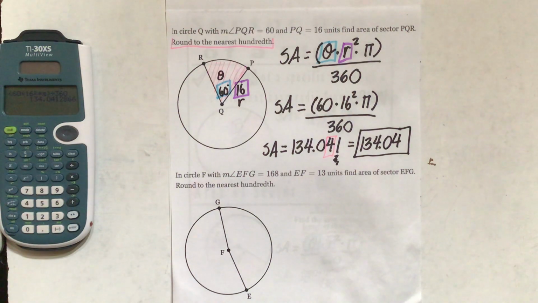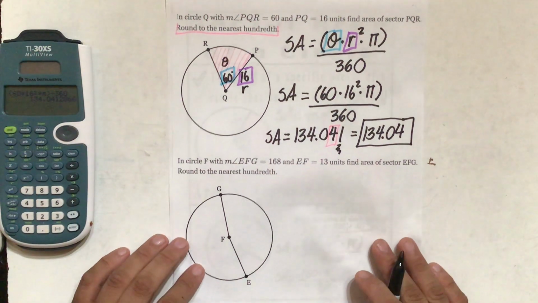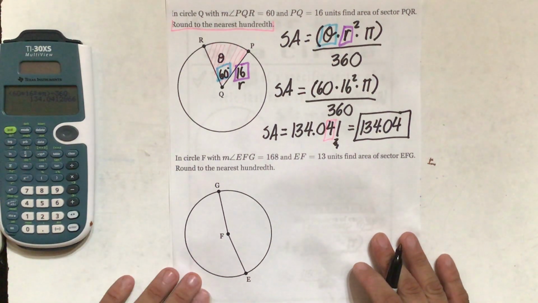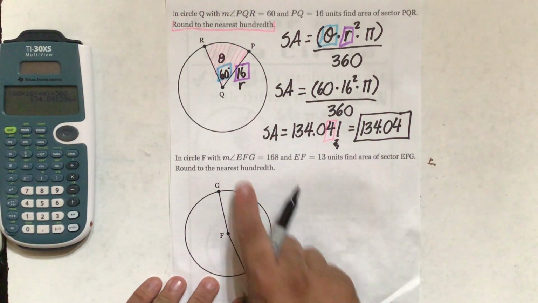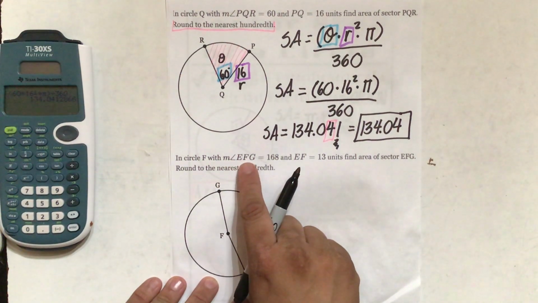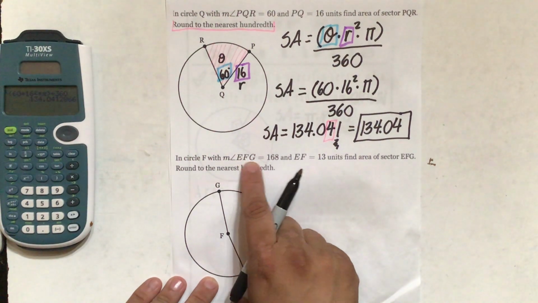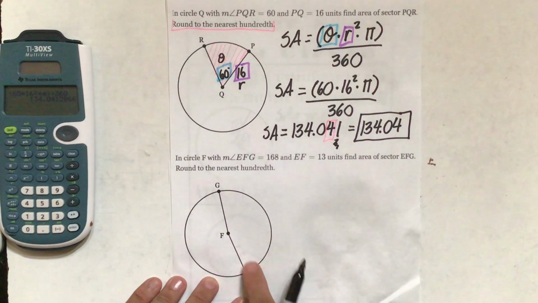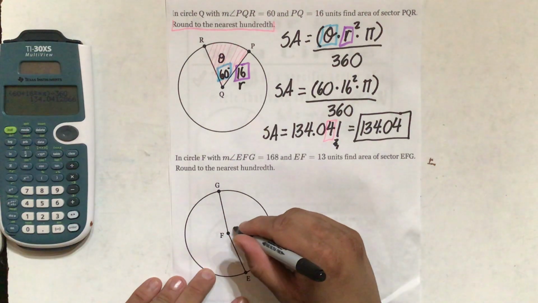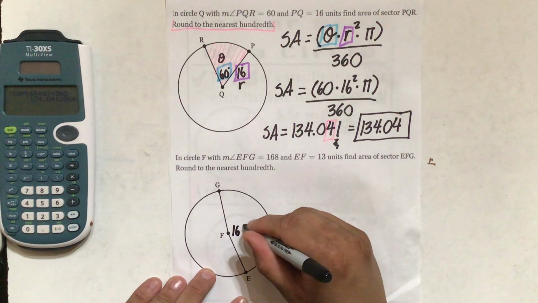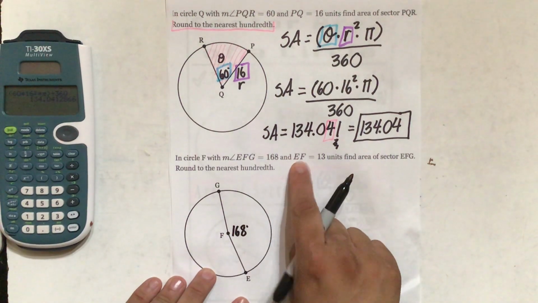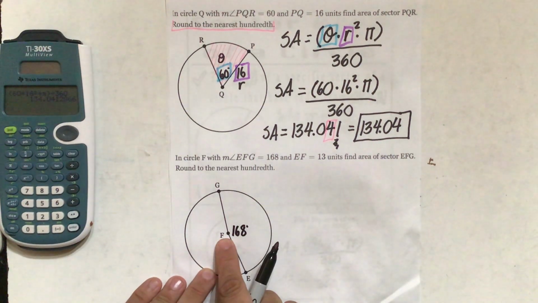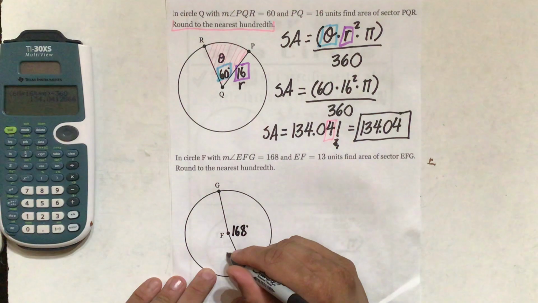All right, let's do one more example here on Delta Math. So in circle F, F is my center here. Measure angle EFG is 168 degrees. So this is 168 degrees. And EF, from E to F, is 13 units.